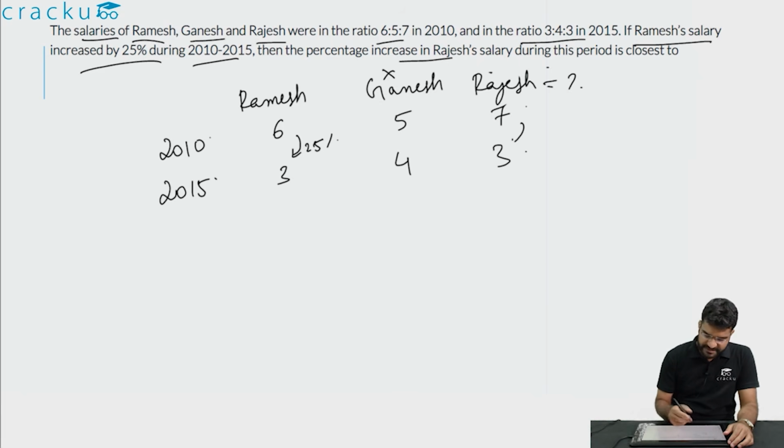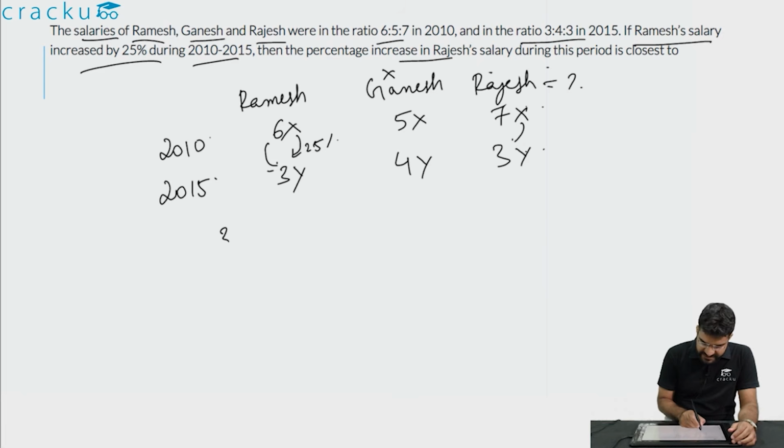So let us assume that initially their salaries were 6x, 5x and 7x, and in 2015 they became 3y, 4y and 3y. We don't know their exact values, but we know that the increase in Ramesh's salary has been 25%.